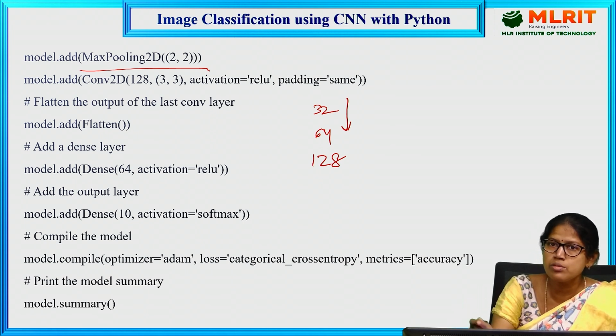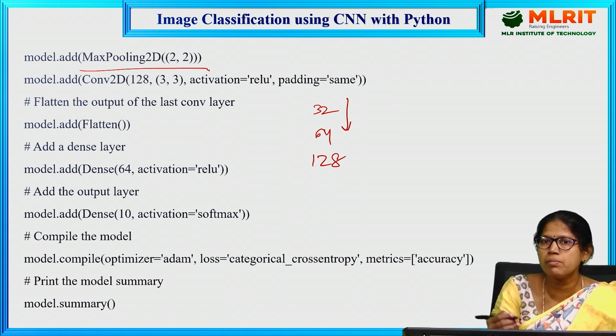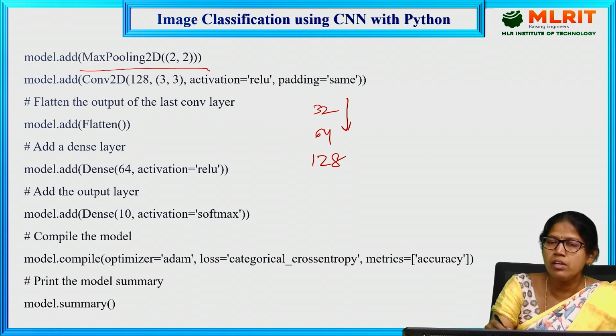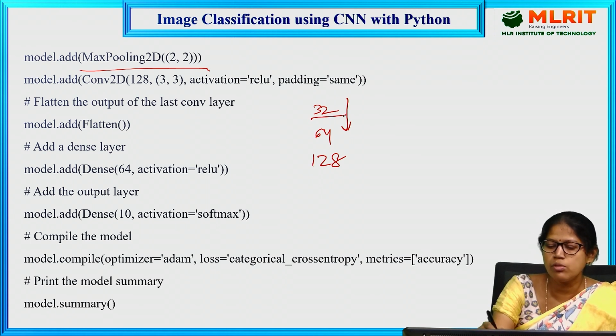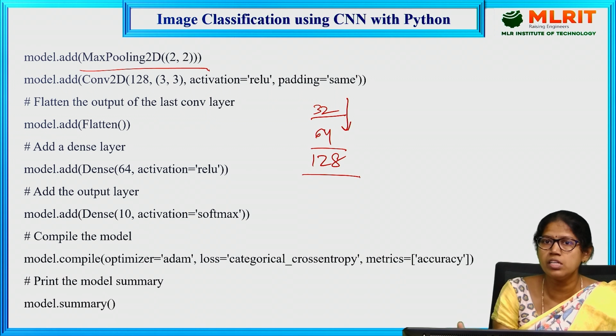If you reduce the size of the samples or features, then automatically it will lead to wrong or biased results. That's why, if you want an accurate result, we need to train the model with more samples. With 32, it will give some accuracy.